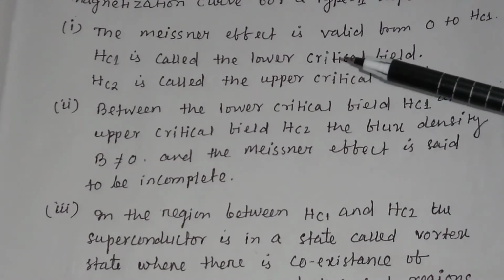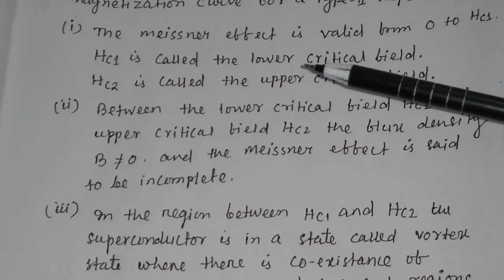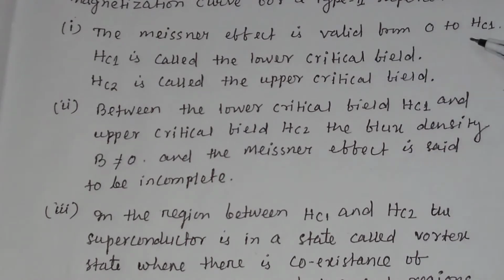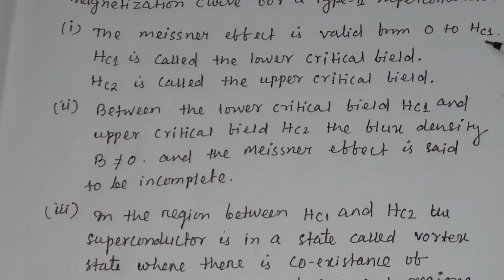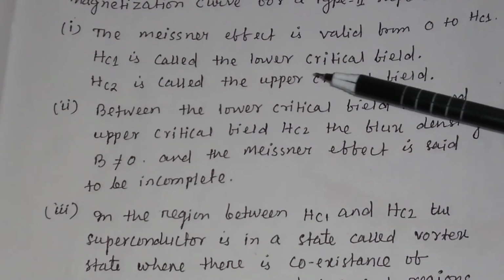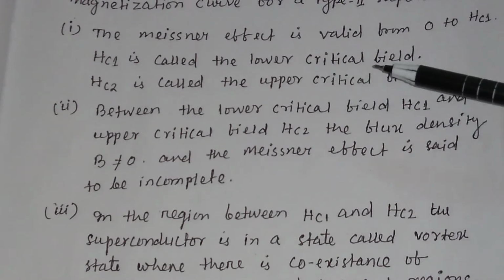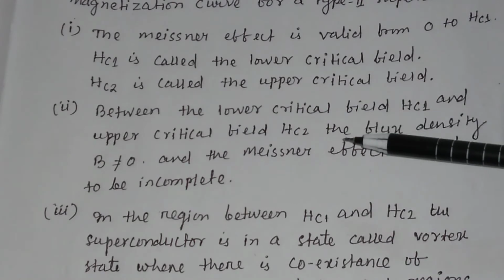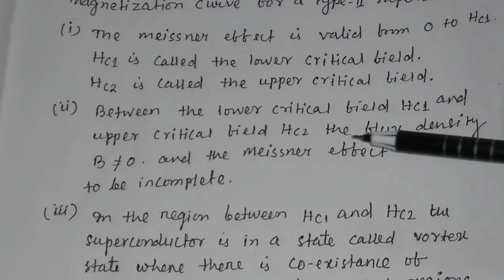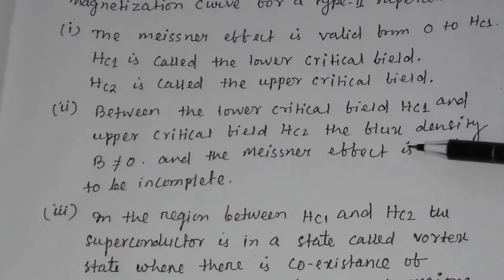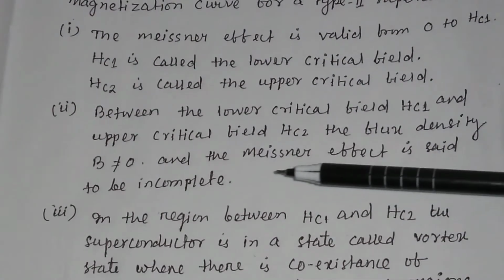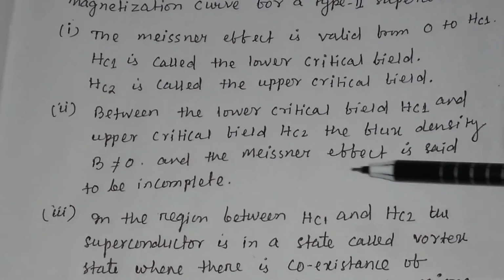So we have to remember the following points. The Meissner effect is valid in type 2 superconductor from 0 to Hc1, where Hc1 is called the lower critical field and Hc2 is called the upper critical field. Between Hc1 and Hc2, the flux density B is not equal to 0, and the Meissner effect is said to be incomplete.